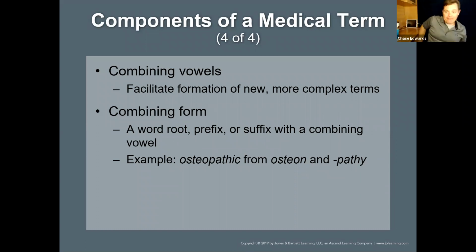All right. So combining forms and vowels. Combining vowels facilitate the formation of a new, more complex term.